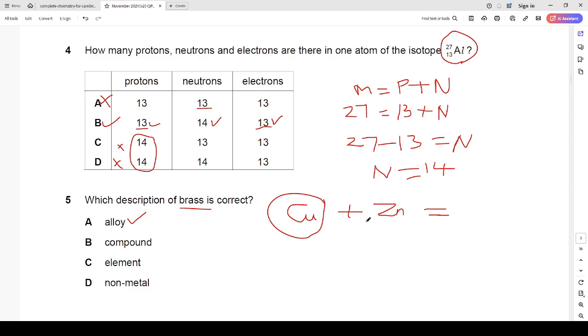Only a chemical change produces a compound, but this is just a mixture in certain percentage of copper and zinc, producing what we call alloy. So there's no production of new substance. Okay, then you will know what element is and you know what non-metal is.